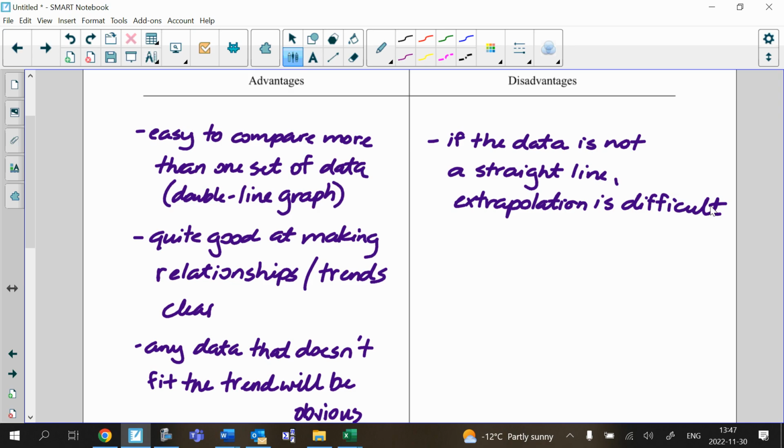And line graphs can use discrete data, even though they're better for continuous. But sometimes it may not make sense.